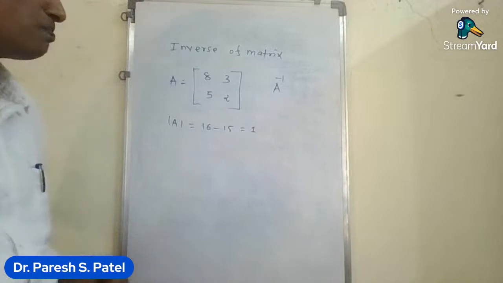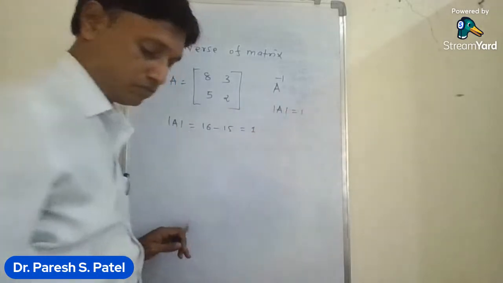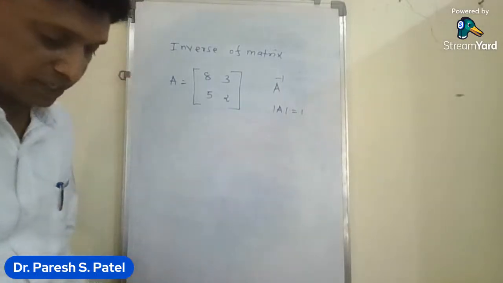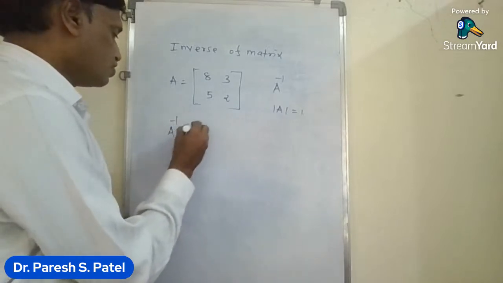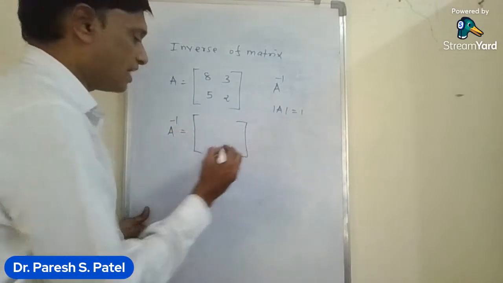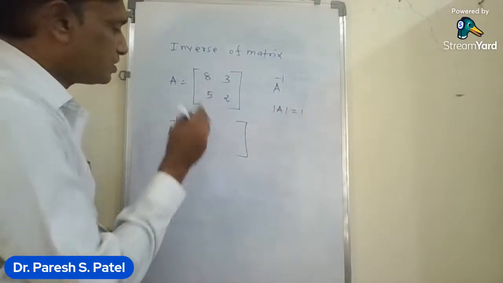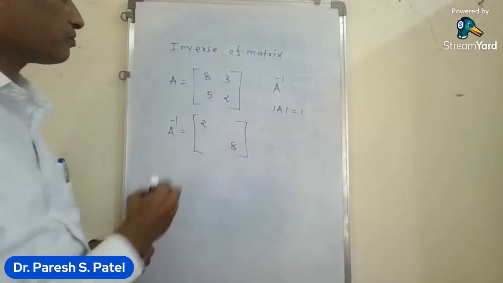So the determinant of this matrix is equal to 1. This is the first step. Now what is the second step? The second step is to change the position of the diagonal elements. So these are the two diagonal elements, 8 and 2.